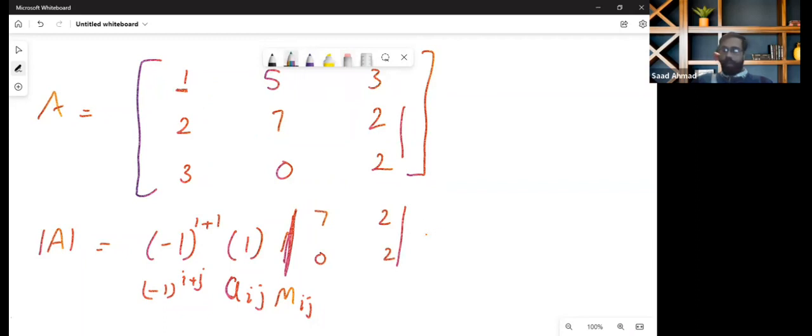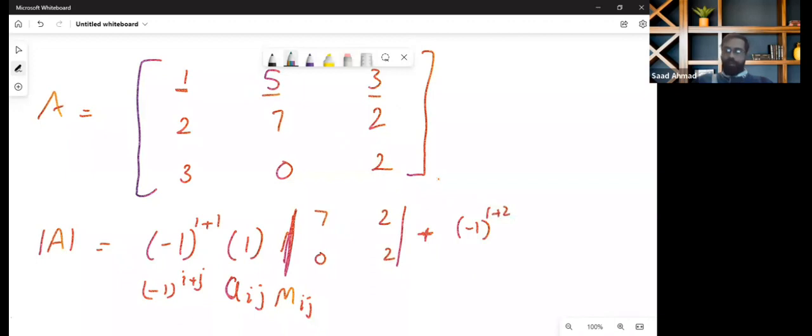Then we get to the next. We need to add all of them, moving along until the number of columns ends. So the next one is -1, and i is still 1, first row, second column.